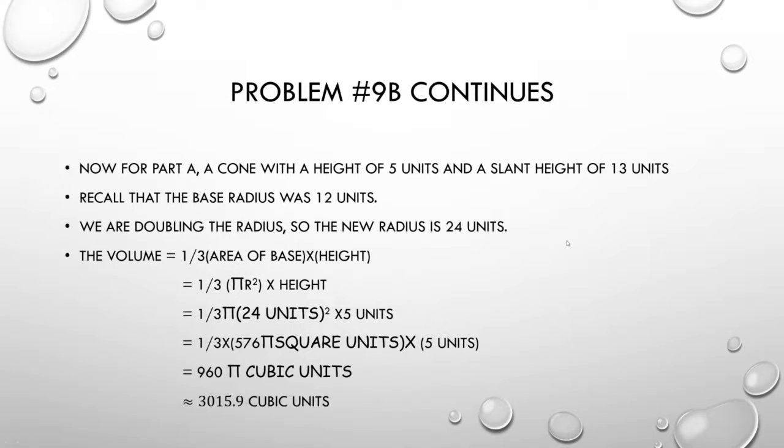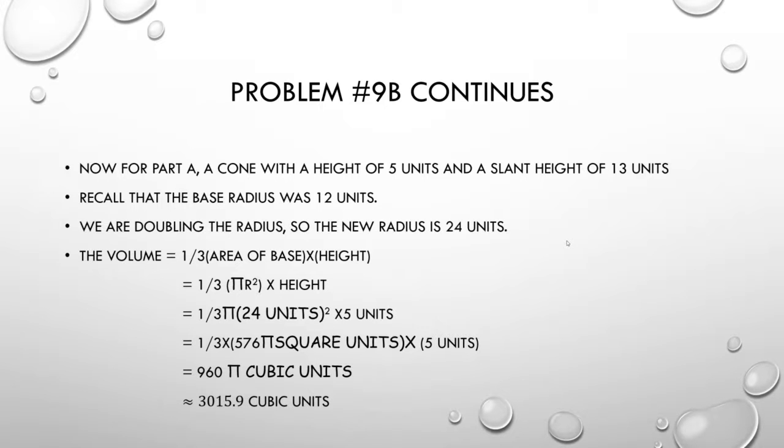Next, we will look at the cone in part A. This was a cone that had a height of 5 units and a slant height of 13 units. We've already found that the base radius was 12 units. We'll double the radius, so the new radius is 24 units. Again, we use the formula that the volume is 1/3 times the area of the base times the height.